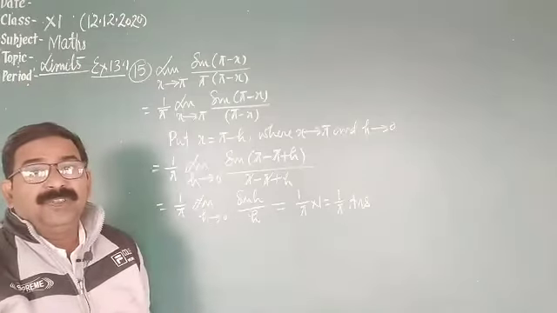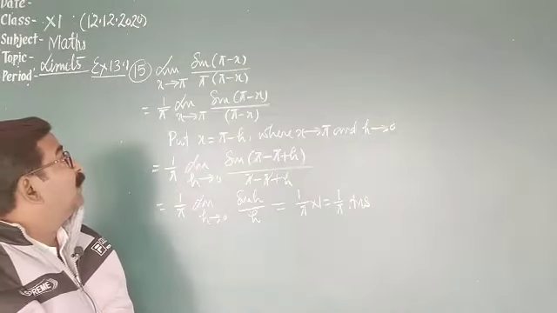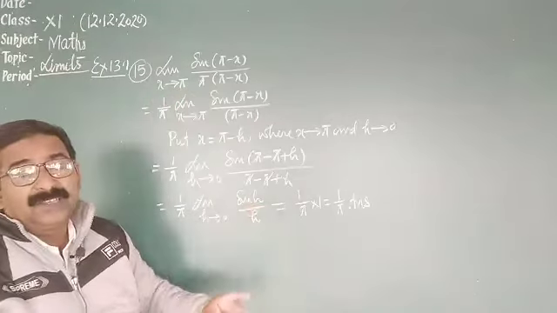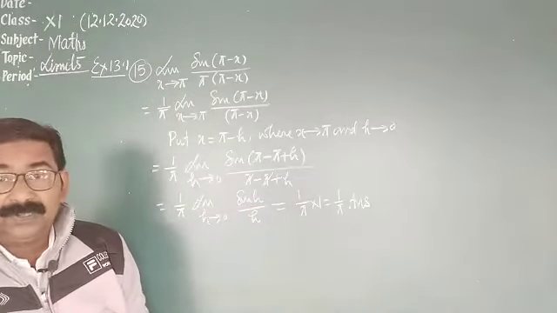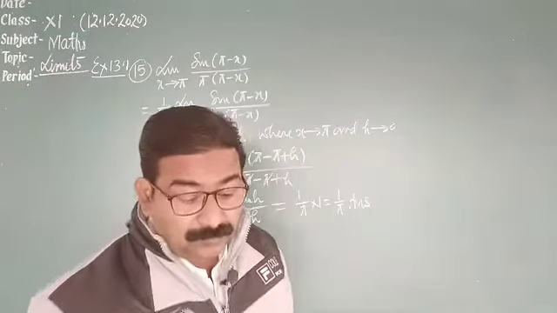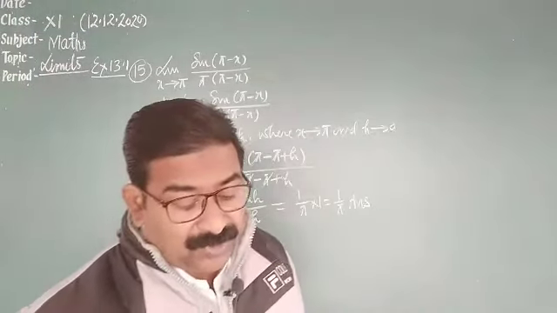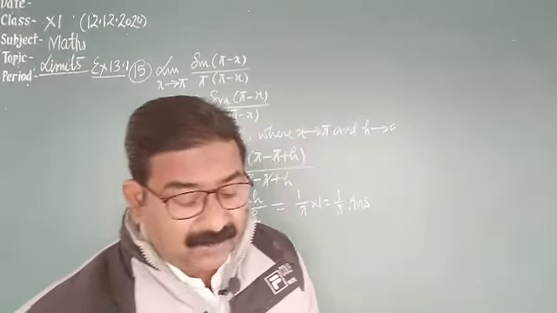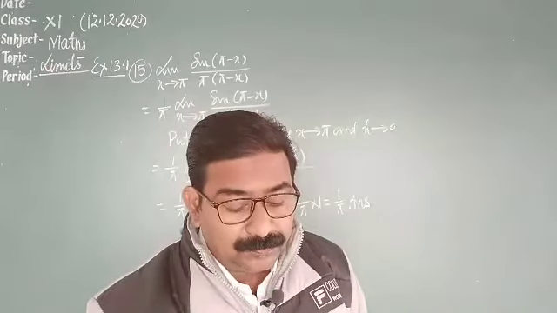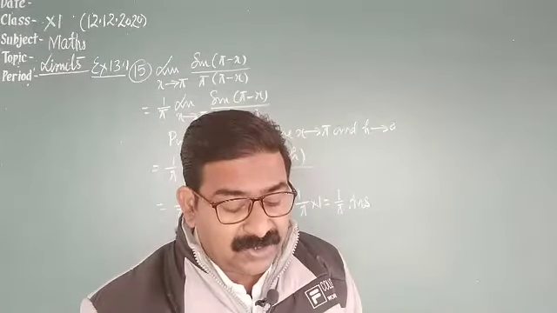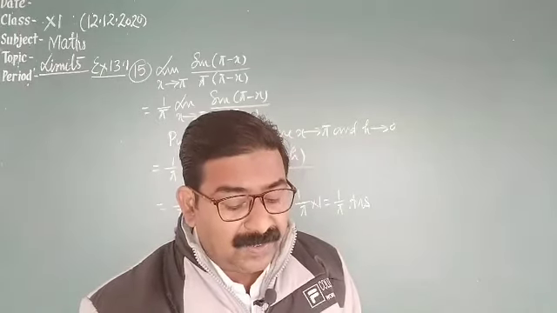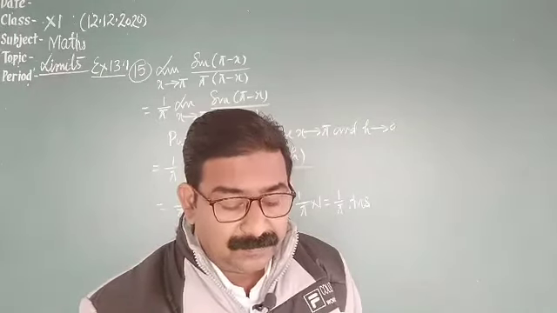Whenever we have a limit which is not x tends to 0, in that case we have to change the limit. Now see, question number 16 is a direct question. You can simply put the value, so you can write 1 upon pi as the answer.